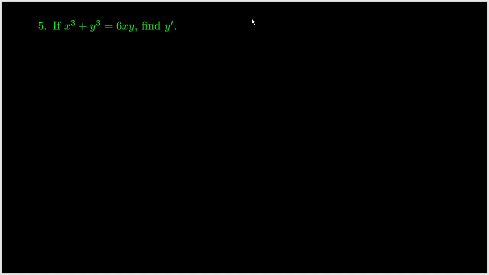You know how to differentiate the left hand side with respect to x. Now look at the right hand side. Just tell me one word. To differentiate the right hand side, what differentiation rule do you have to use? Product rule, quotient rule, chain rule?